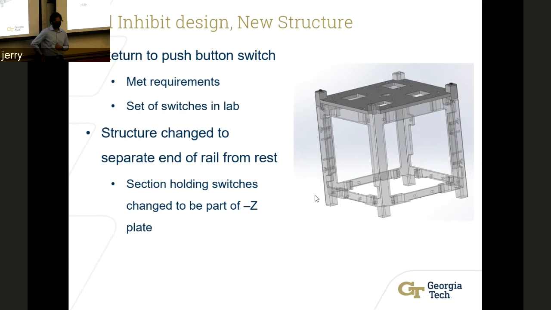But we made some adjustments to the structure. We left a bit more space for the hole so the inhibit switches could properly sit within. And we kept in mind updating our integration procedures so that we would be able to properly fit our inhibit switches into the holes that were provided.